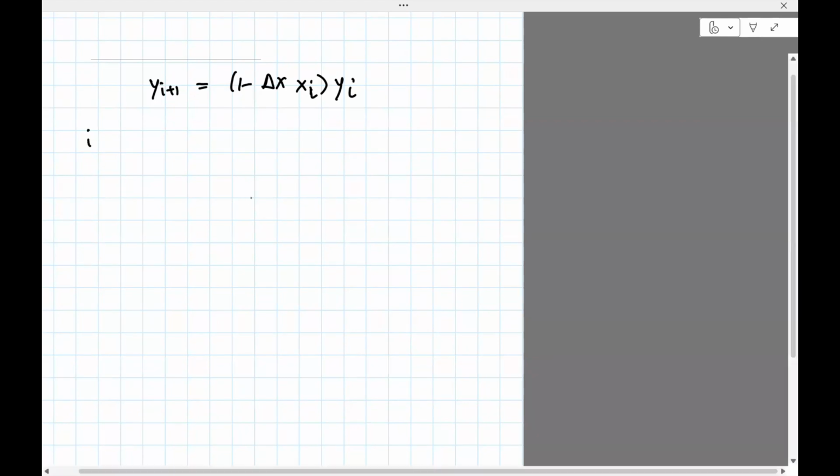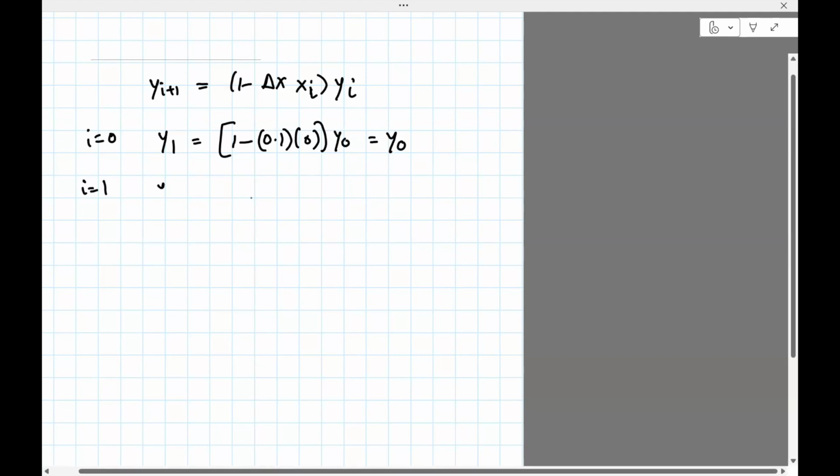Okay, so here we go. I equals 0. We have y1 equals 1 minus 0.1 times 0, y0. So it's y0. I equals 1. y2 equals 1 minus 0.1 times 0.1, y1.